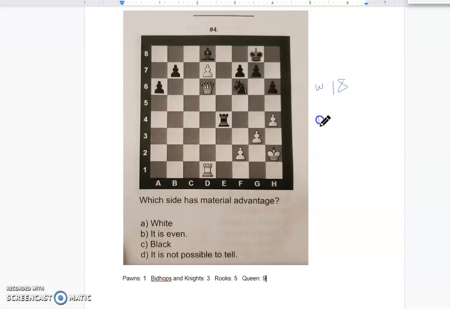Let's count black. Okay, black has 5 pawns. And let's see, so 5 plus 3, 8 plus 3, 11 plus 5 is 16. So again, 5 plus 6 plus 5 is 16. So white has the advantage on that one.